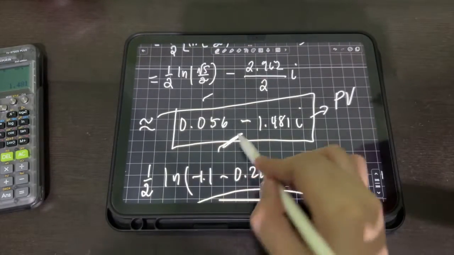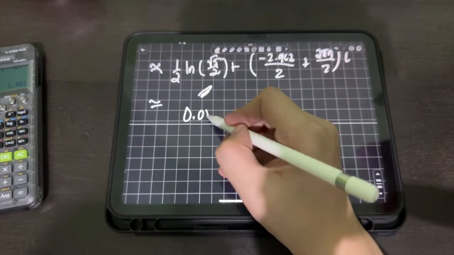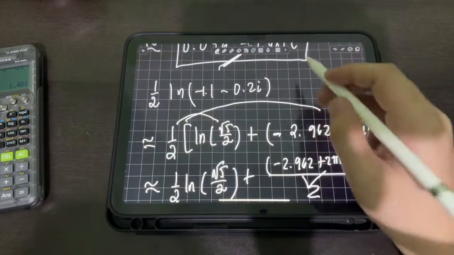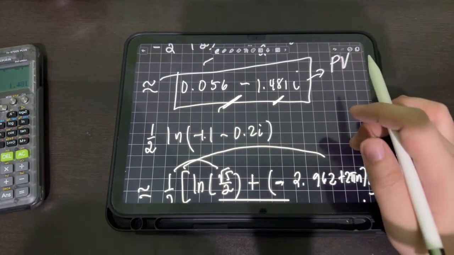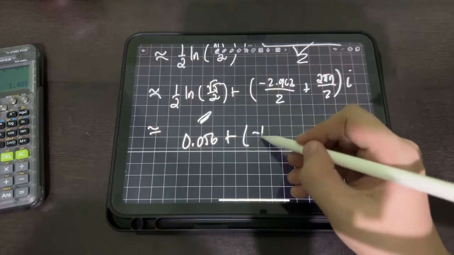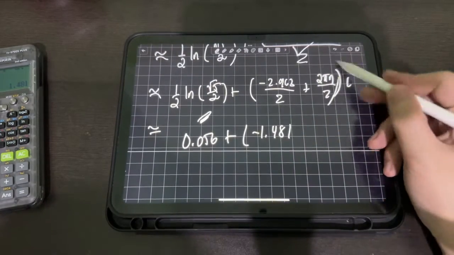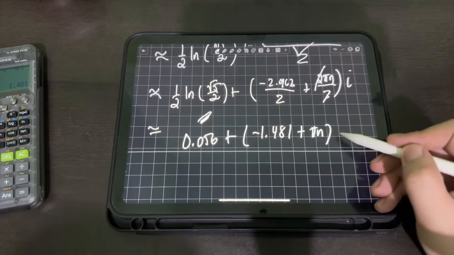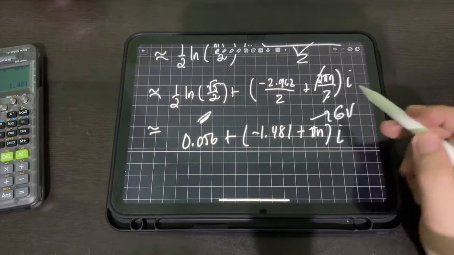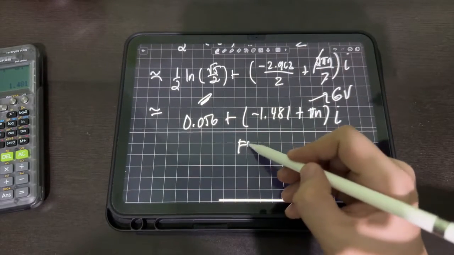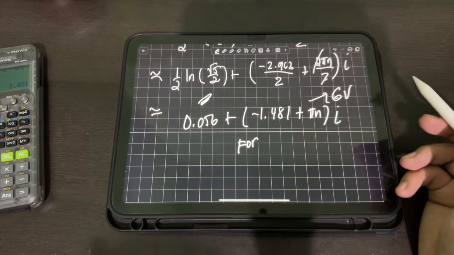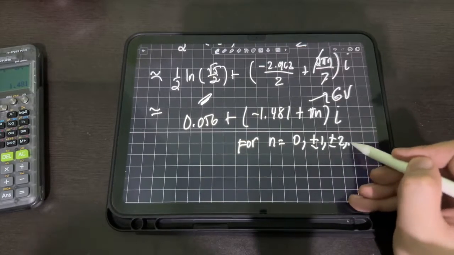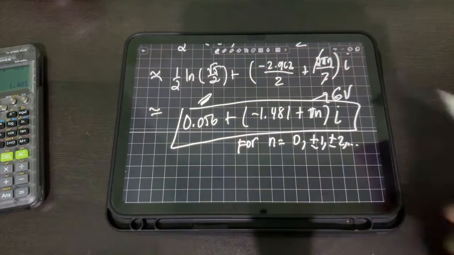It's approximately 0.056 plus also this one, we already know the value, approximately negative 1.481. And for this one, you can just cancel the 2. We just have pi n, then times i. So this is the general value of the inverse hyperbolic tangent, for n equals 0, plus or minus 1, plus or minus 2 and so on. Okay, so this is the final answer.